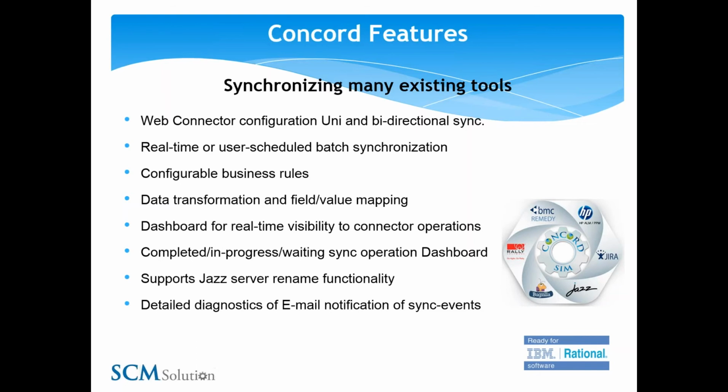For example, if your QA team is using HP ALM for defect tracking, whereas your developers are using IBM JAS for development, you can integrate the two teams. So whenever a defect gets opened in Jira, for example, or HP ALM, you can bring them over to IBM JAS for developers to collaborate on and synchronize the data back and forth. So that's what CONCORD does.